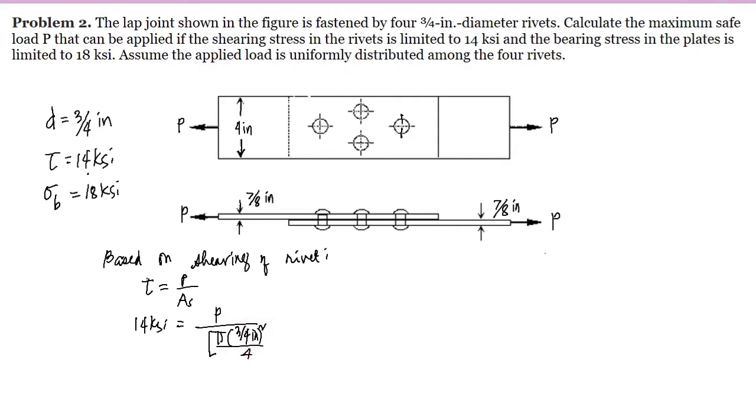But as you can see here, we have a total of 4 rivets. Therefore, we have to multiply the shear area by 4.